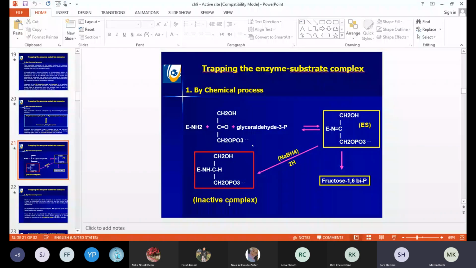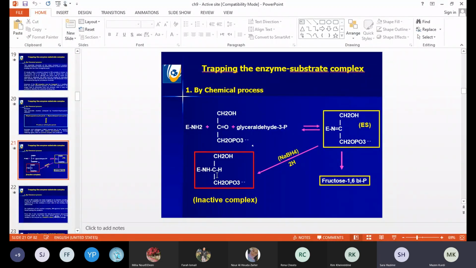And now, once you have this inactive form, you can isolate it, you can hydrolyze the interaction between the enzyme and the substrate, and you can study what amino acid was in interaction with the substrate. You can do a sequencing to know the amino acid involved in the interaction with the substrate.